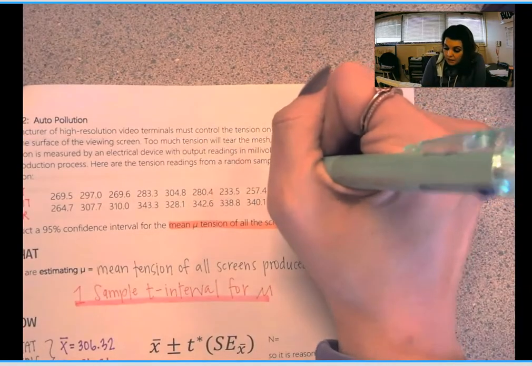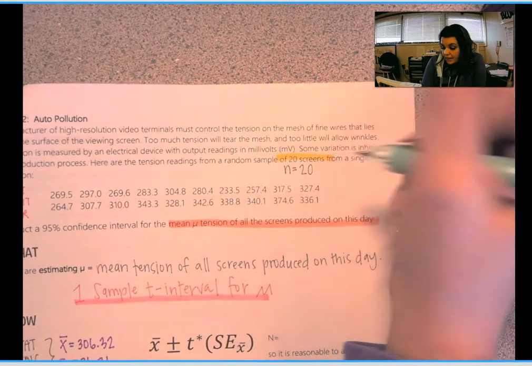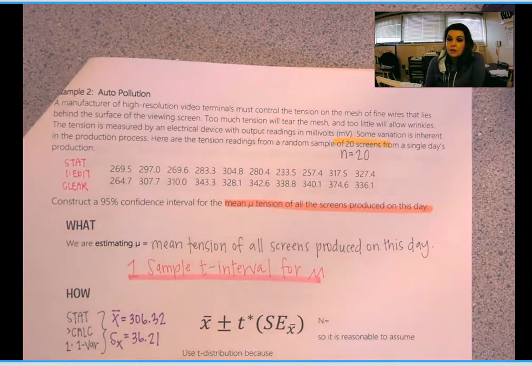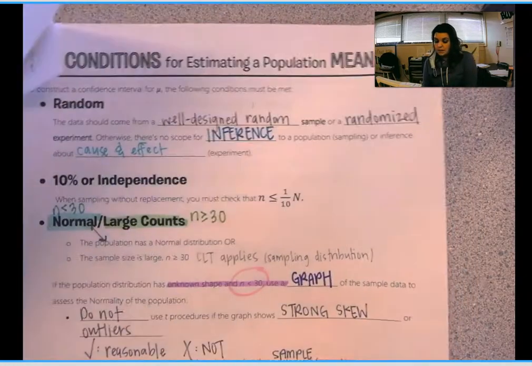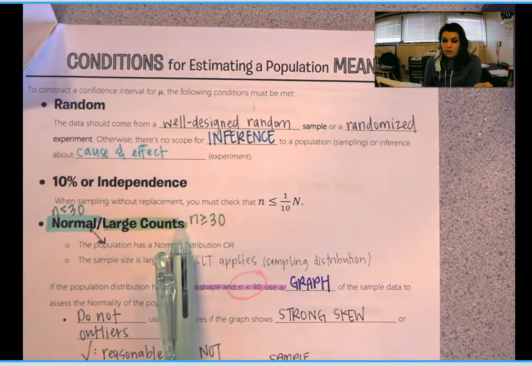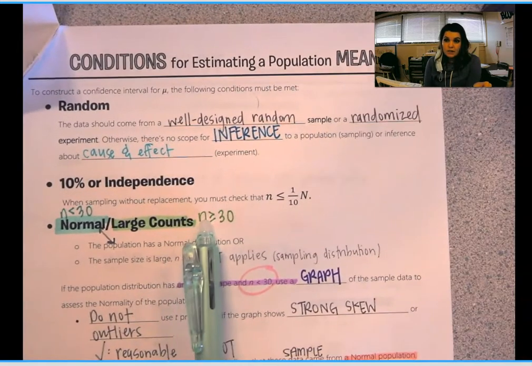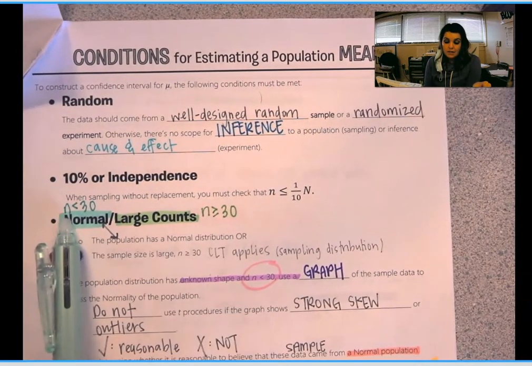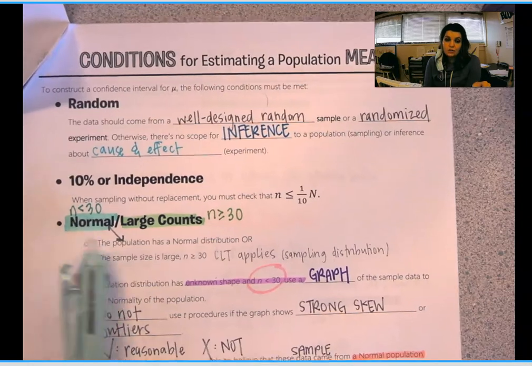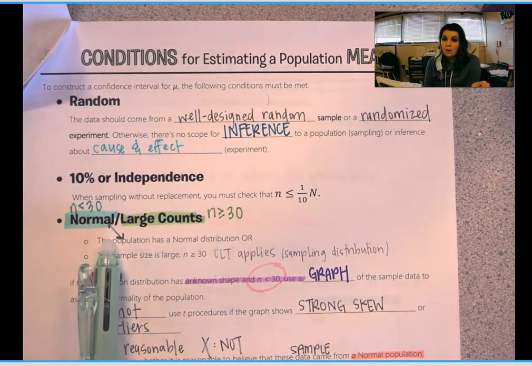That means that we need to check to see if the data came from a normal population. So if I flip back to my conditions, if I have large counts, everything's fine. If I do not have large counts, I need to verify that the population is normal.